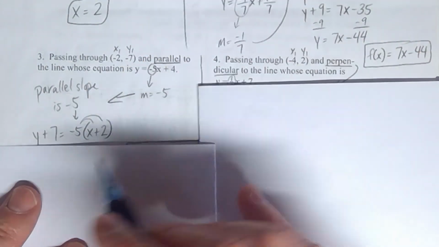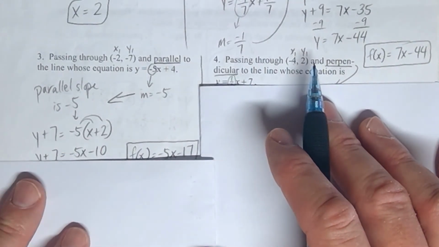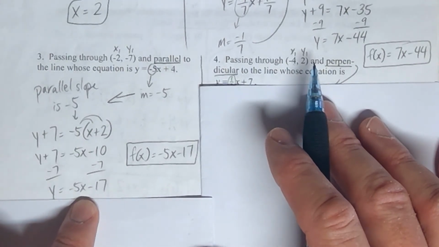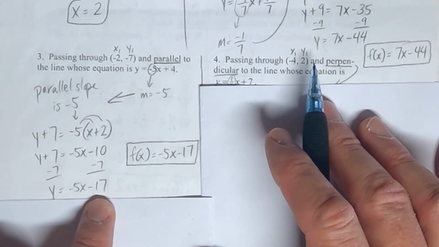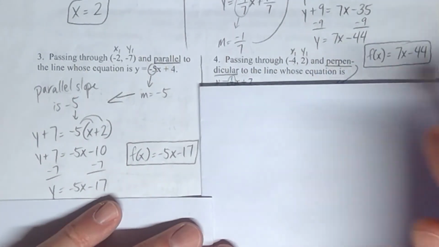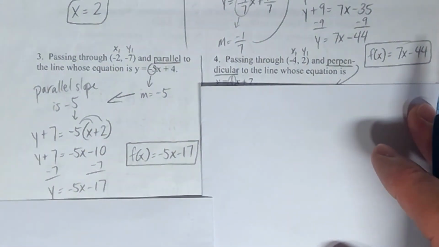All right. We then do our normal steps to get it into the final form here. Distribute it out. Move over the 7, and we get y equal to negative 5x minus 17. Replace the y with f of x, and then you are at the final answer right here. All right.